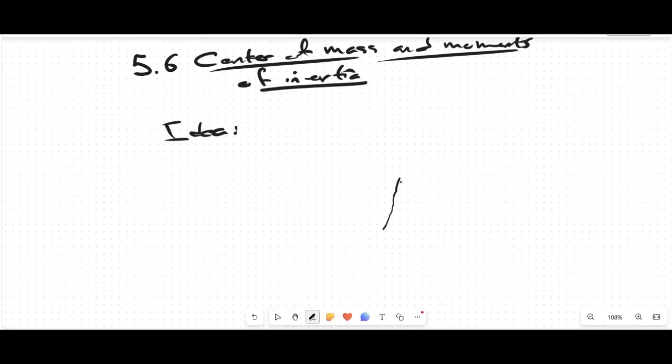I want to imagine we've got some kind of solid object suspended over maybe a pin. Here I'm representing something that's almost two-dimensional, like a thin plate. A lot of times people call this a thin plate.